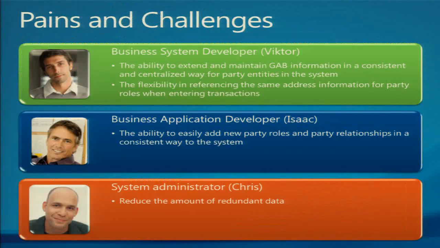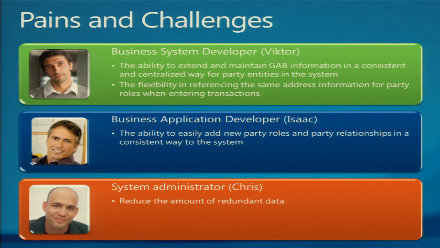So, some of the pains and challenges we've addressed in this release. For the two developer scenarios, we've provided the ability to extend the GAB in a centralized and consistent way in the system, and also the flexibility for referencing address information for party roles while you're entering transactions.